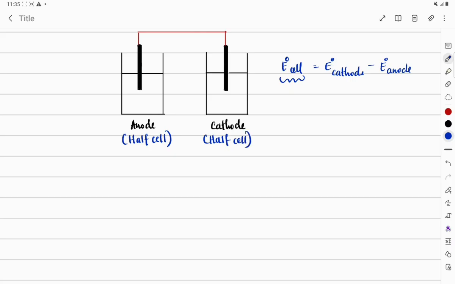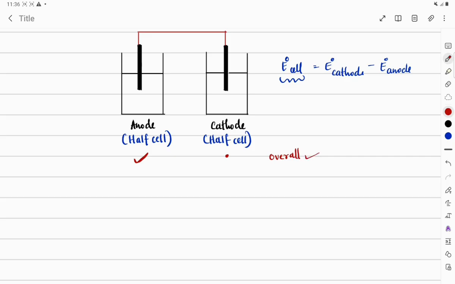Now what if I want to find the potential of only one half cell? Suppose I want to find the potential of this anode. That is only possible if I know the overall cell potential as well as the potential of the cathode.